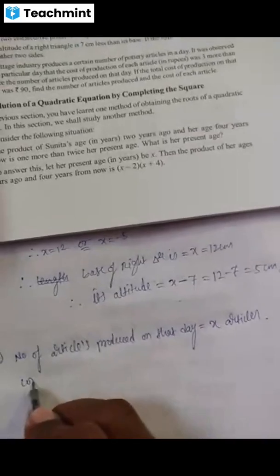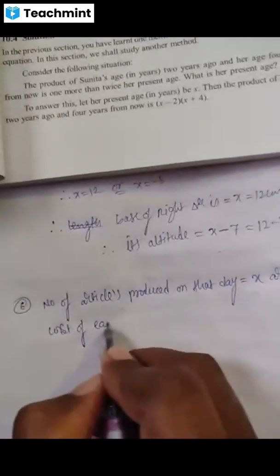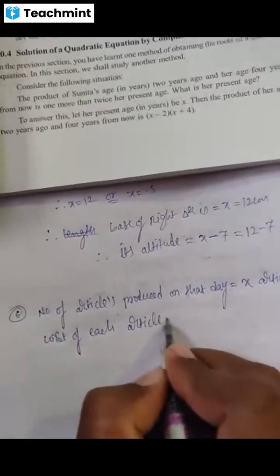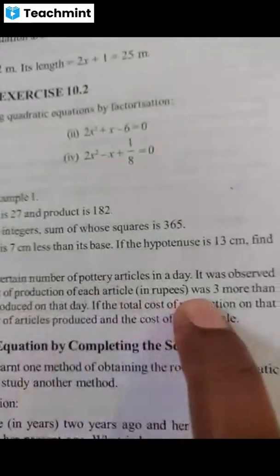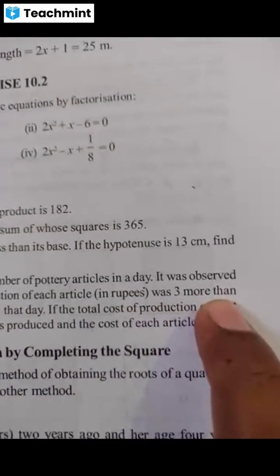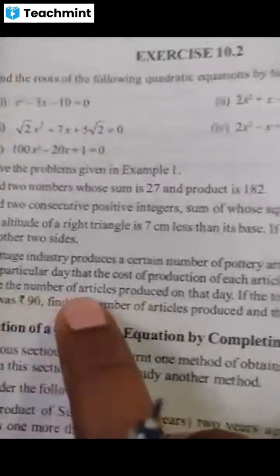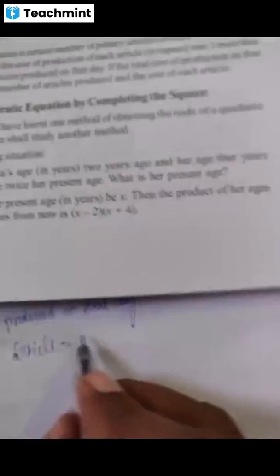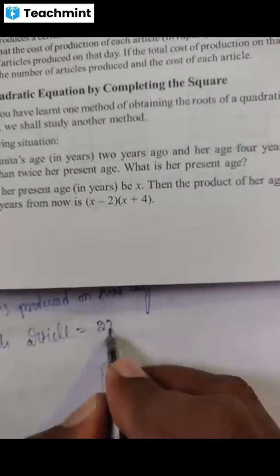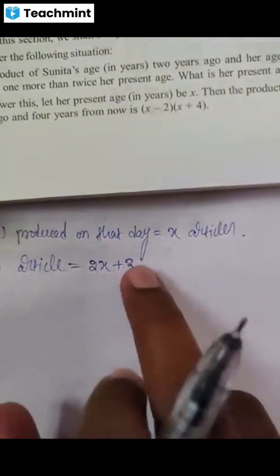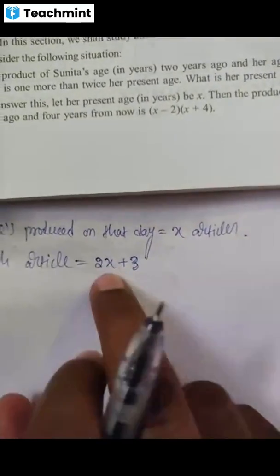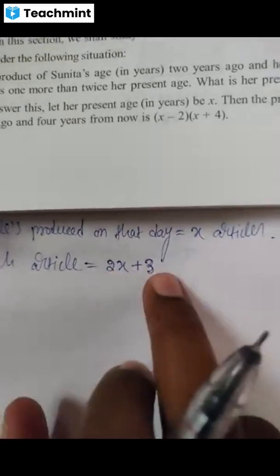The cost of each article is, see here, the cost of production of each article was 3 more, so we have to take plus 3, more than twice the number of articles produced on that day. Twice the number of articles means 2x, plus 3 more. For example, if they produced 10 articles that day, it would be 20 plus 3, 23 rupees. In that way x articles are produced. So the cost of that article is 2x plus 3.